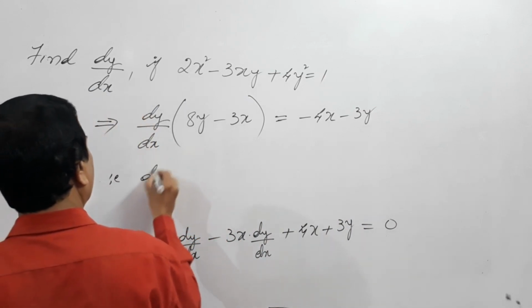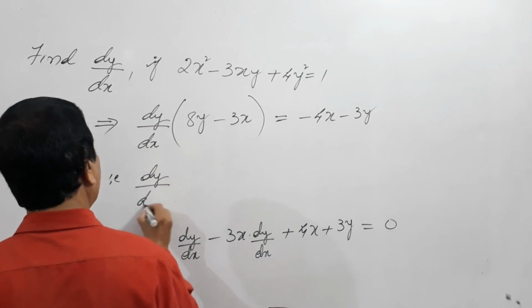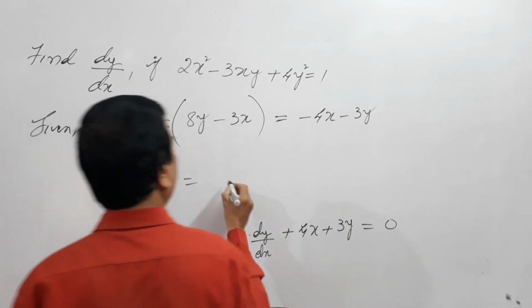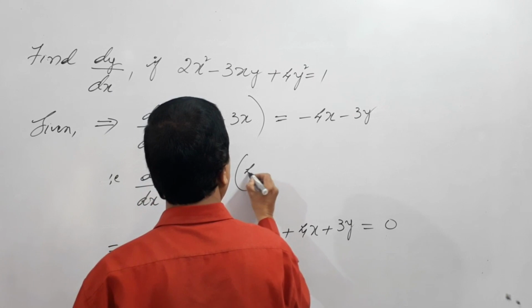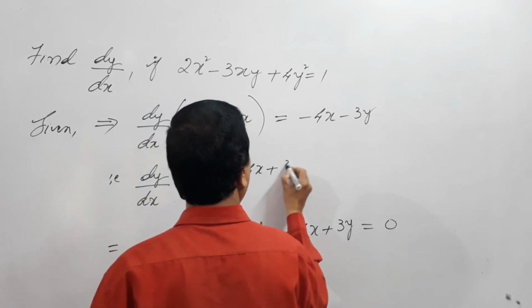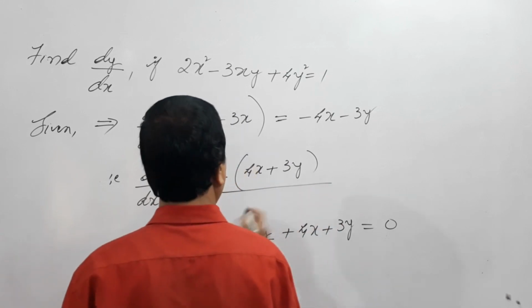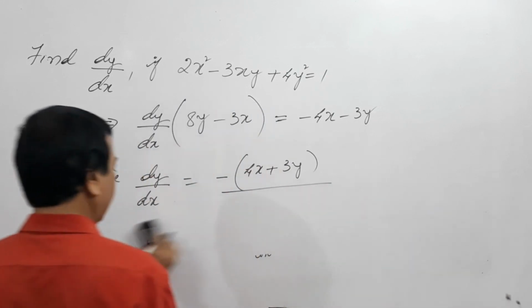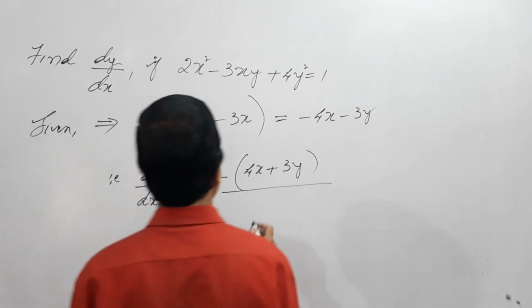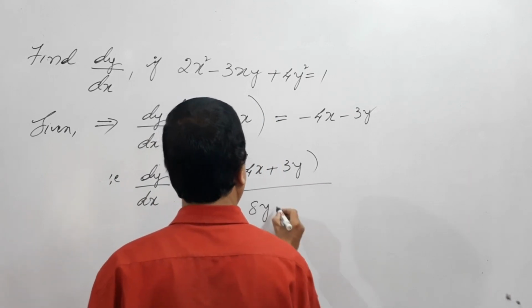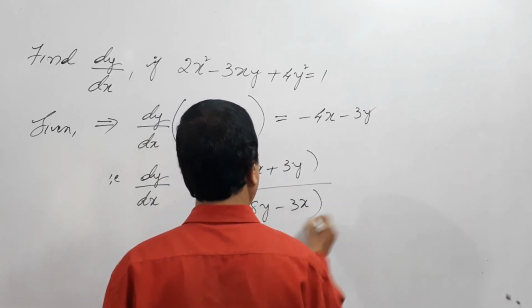That is dy by dx equals to, I take minus common, this becomes 4x plus 3y. I bring this on the denominator, that is 8y minus 3x.